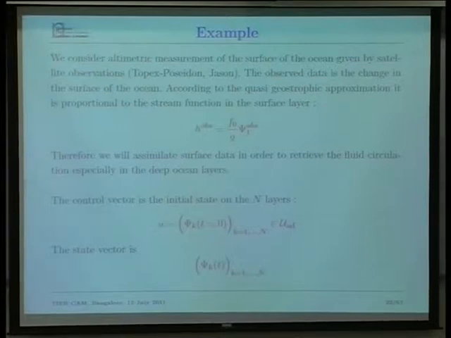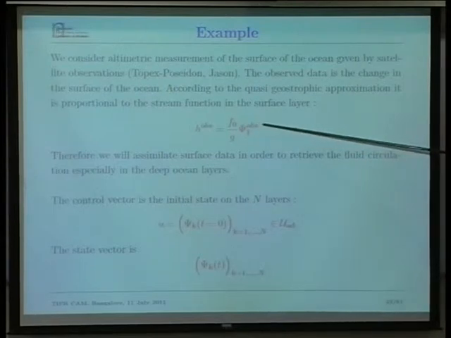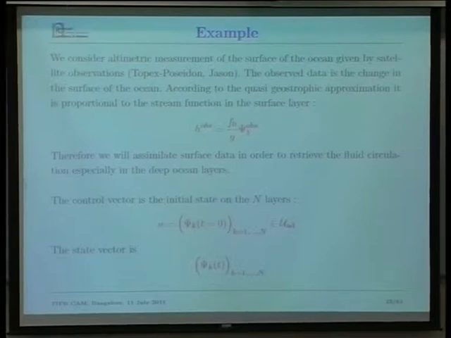So we assume still that we have some satellite observations, for instance coming from Topex Poseidon or Jason. And the observations of the sea surface height could be related to the upper stream function psi1.